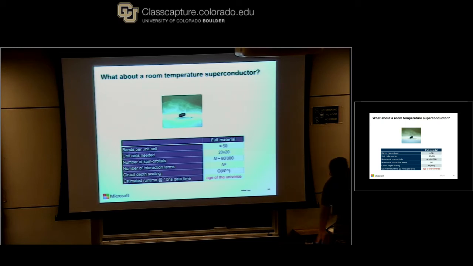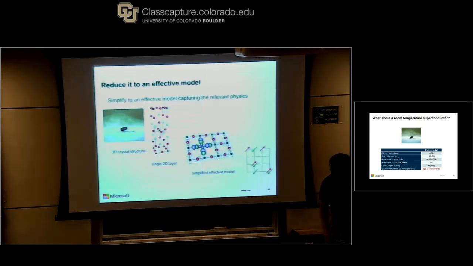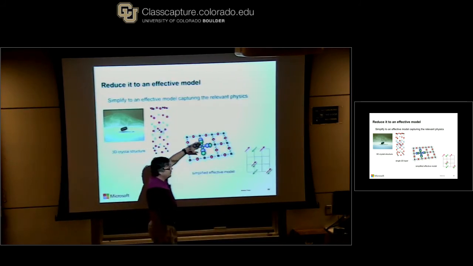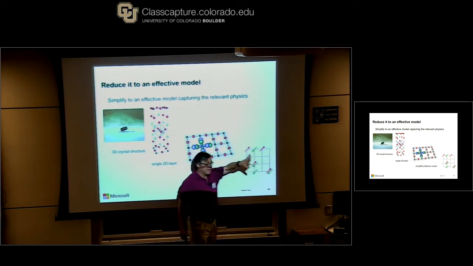So what we do for the superconductors is we simplify it. We go from the full model, we look at the 3D structure. In the case of the cuprates, one finds there are some 2D copper oxide planes. We look at the plane and simplify it to just a single orbital per atom.